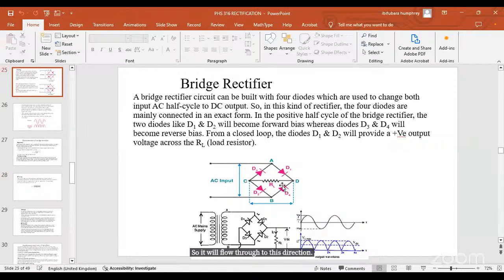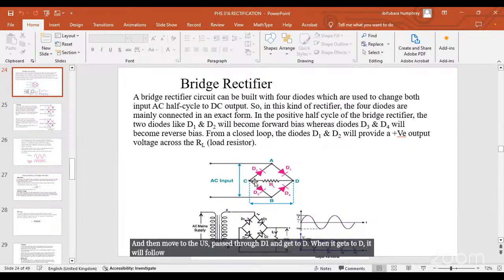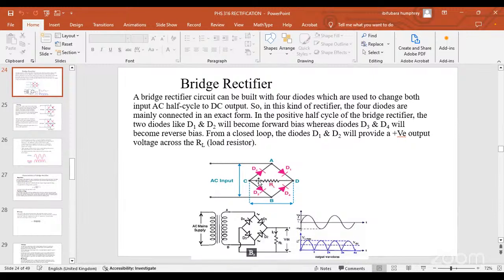That is what happens here at point C. When the current enters, it will pass through D2, get to A, move to D1, pass through D1 and get to D. When it gets to D, it will follow the middle line, pass through RL.